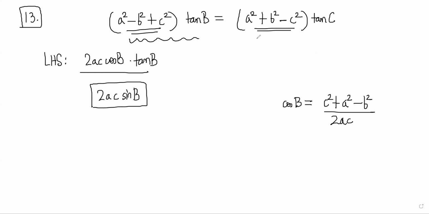By cosine rule, it is 2AB cos C. So this part becomes 2AB sin C.